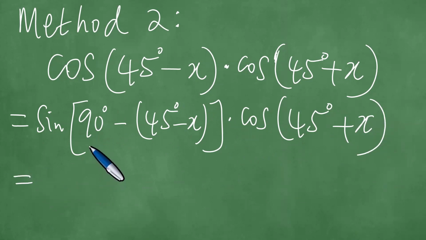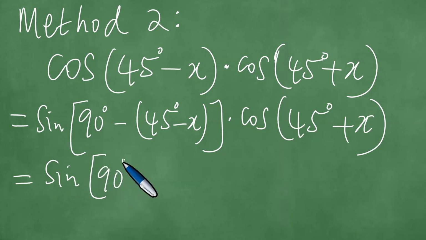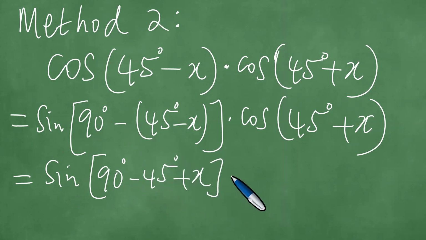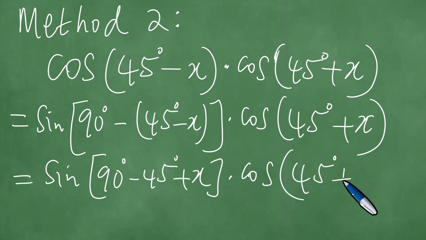In which quadrant is 90 degrees minus? It is the first, where all the trig functions are positive. So this is indeed a positive function here. And by the distributive law, this means we have 90 degrees minus 45 degrees plus x times the cosine of 45 degrees plus x.